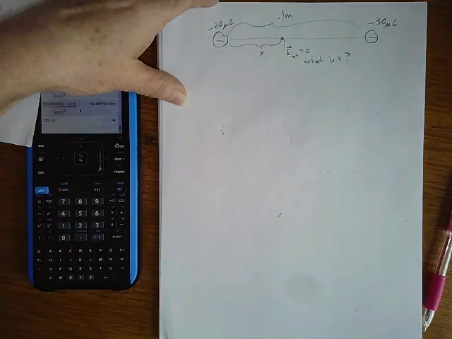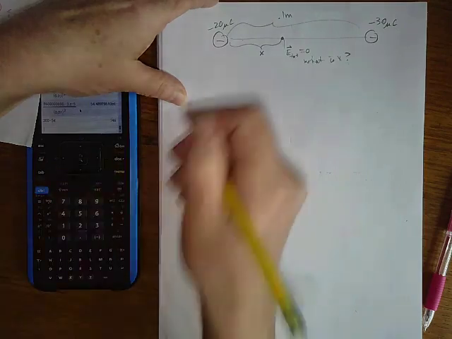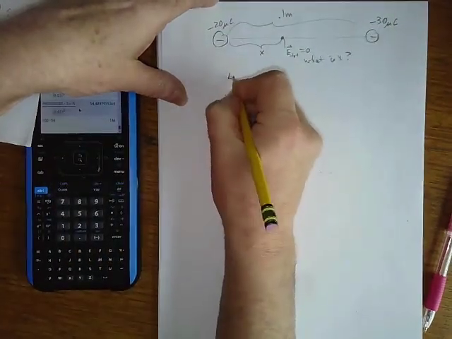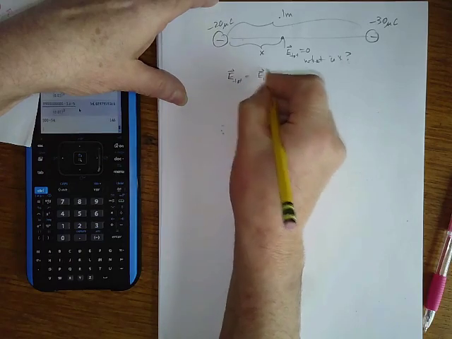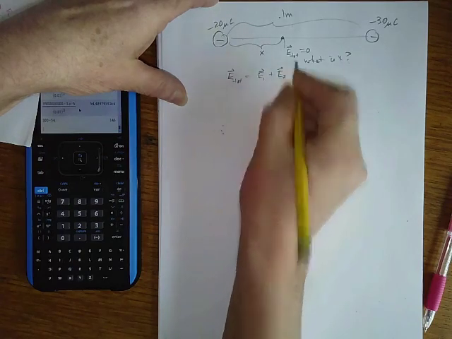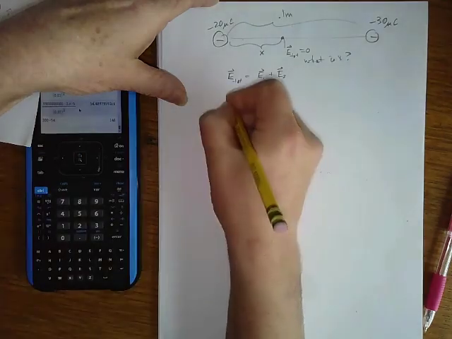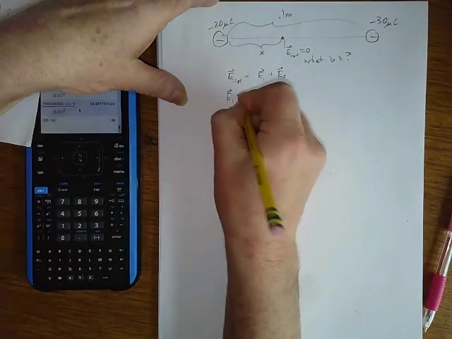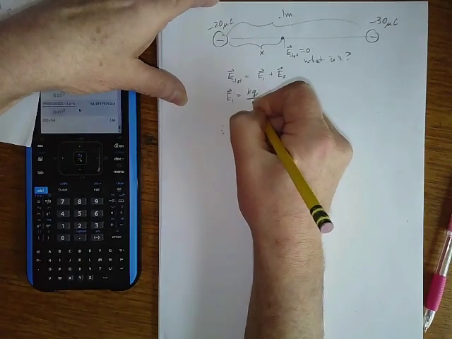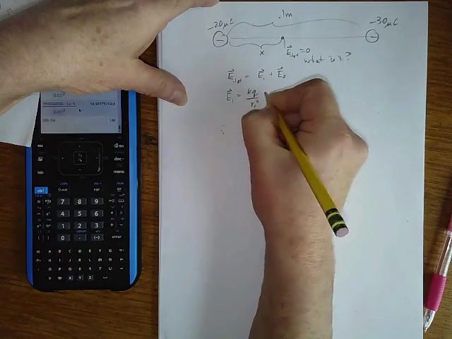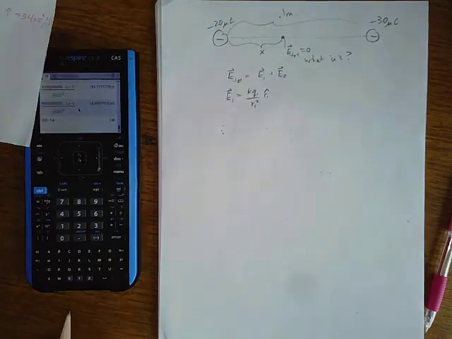Alright, very good problem. So we kind of got the same work, same setup, same kind of ideas here. So E total is still going to be E1 plus E2, right? E1 is going to be same kind of thing, K Q1 over R1 squared, R1 hat, all that kind of stuff.